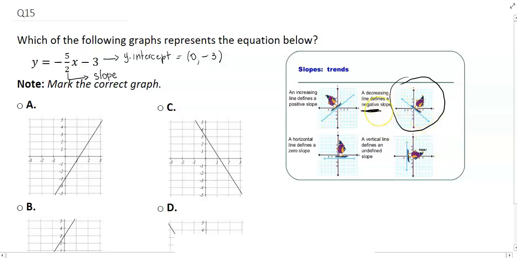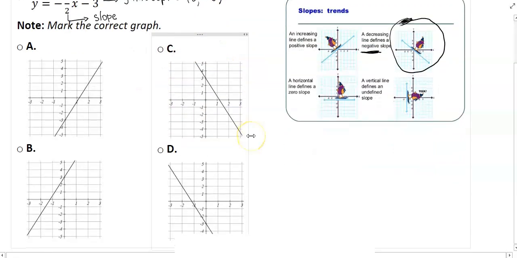So just looking here, I know that the line has to be inclined this way and has to be on the y-intercept. So if I go down, I know that A and B do not fit because the inclination is not correct. So it has to be one of those two.